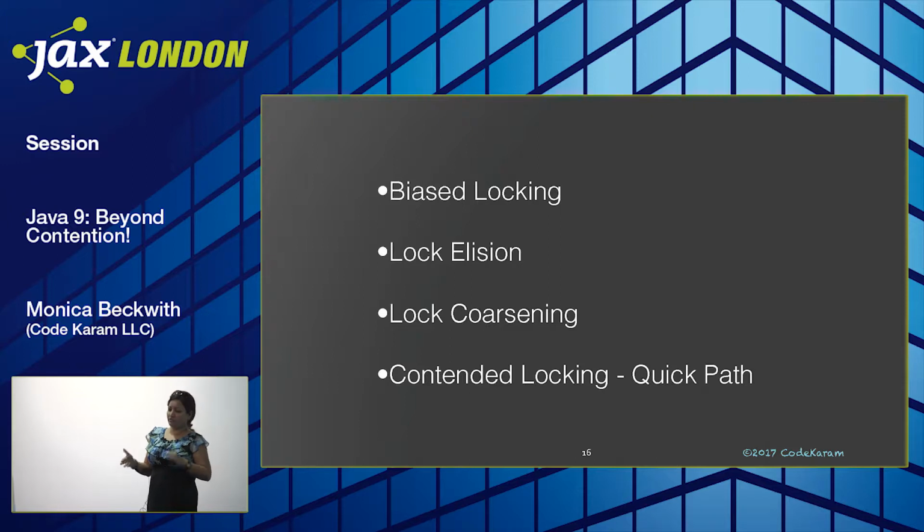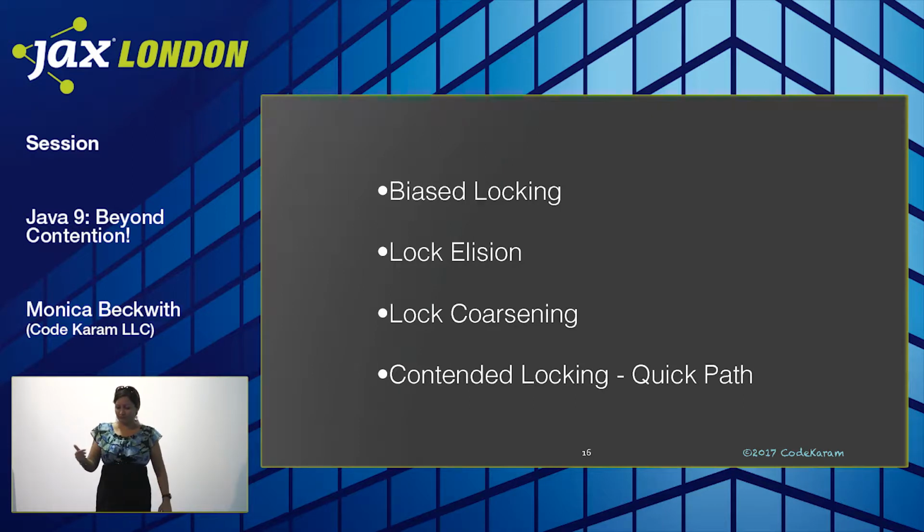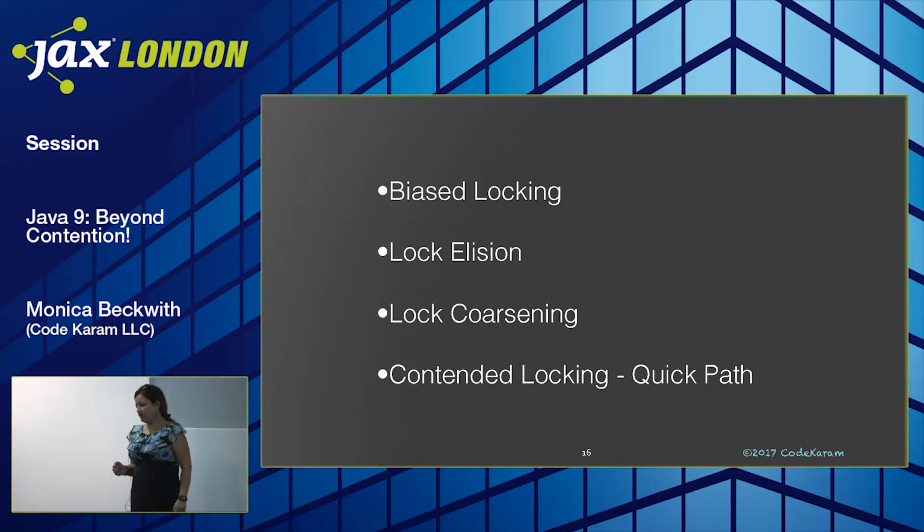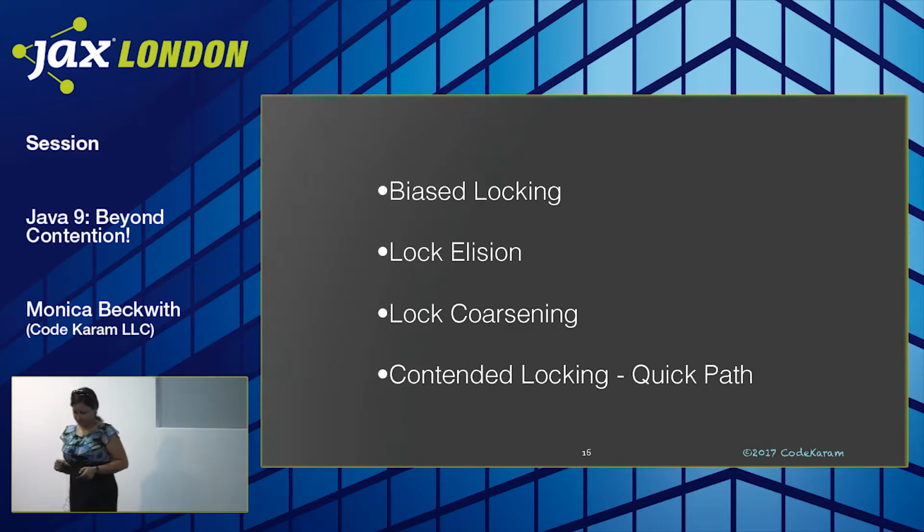Lock coarsening works for contended and uncontended, but it basically reduces the locking to just a single time, the first time. And of course the contended lock, which is introduced in Java 9. We'll talk about that. If you had a one-liner, it would be called the quick path. So now instead of only the slow path, there's also something called the quick path, which, based on certain tests, it can take, and you don't have to go down the slow path.